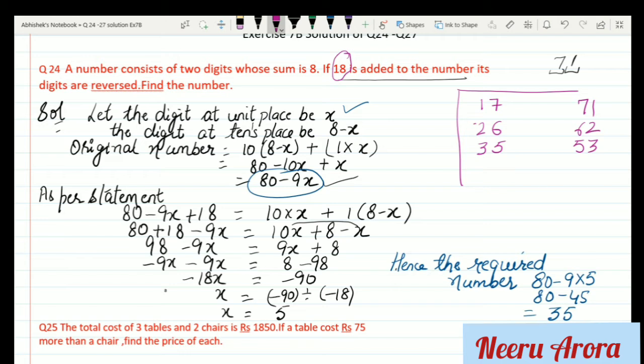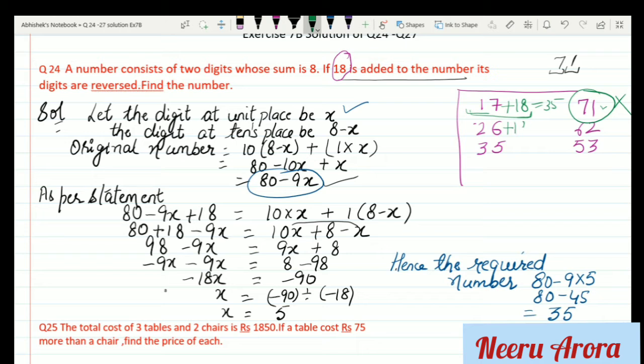Now what is the condition? If 18 is added to this number, its digits are reversed. So when we add 18 to 17, it becomes 35, but it is not reversed. This case does not fulfill our condition.